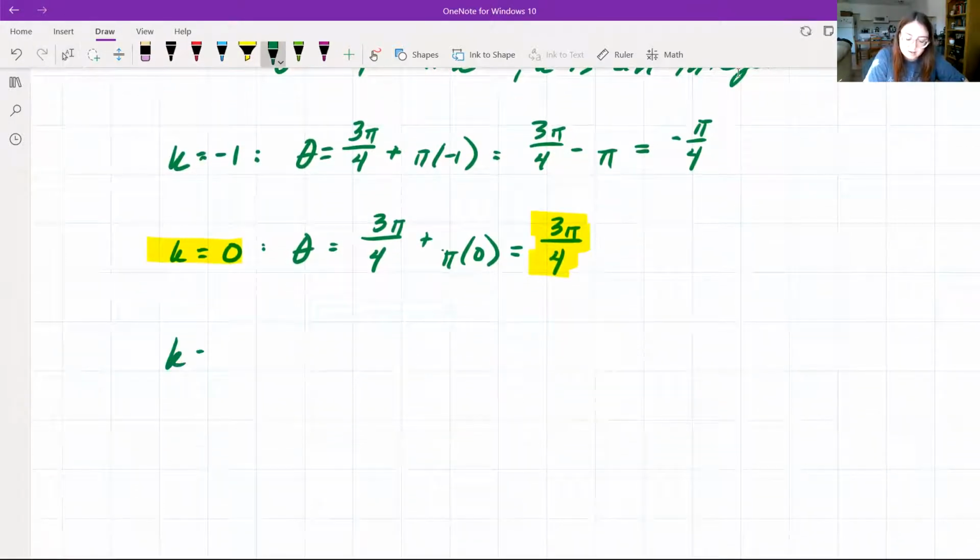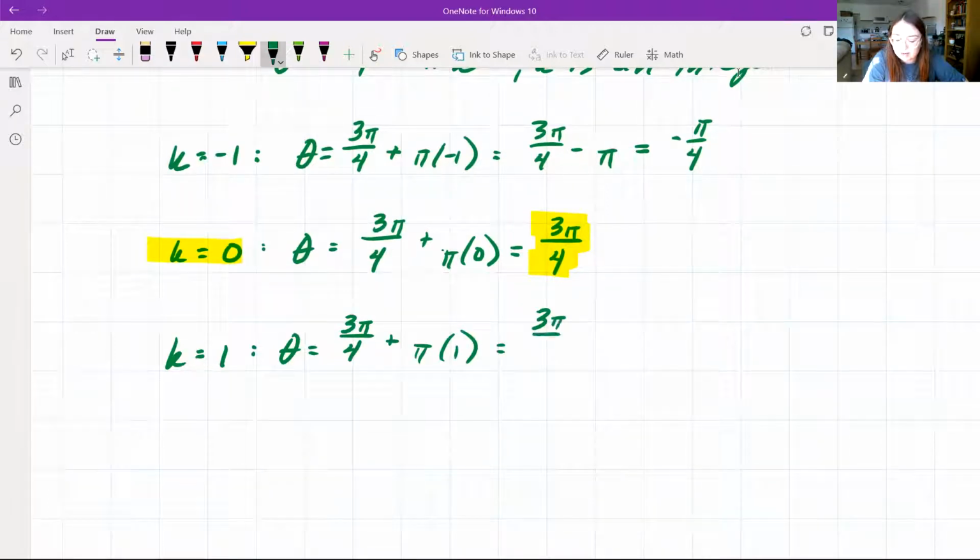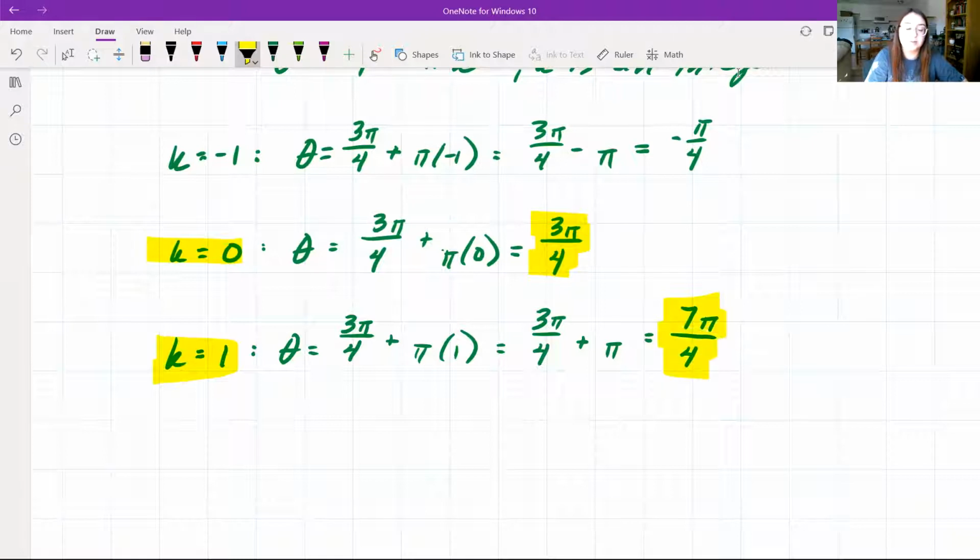Then on to k equals 1: theta is equal to 3 pi over 4 plus pi times 1, which gives us 3 pi over 4 plus pi. Pi is the same as 4 pi over 4, which leaves us with 7 pi over 4. This value is contained in our unit circle as well, so it's also a solution.